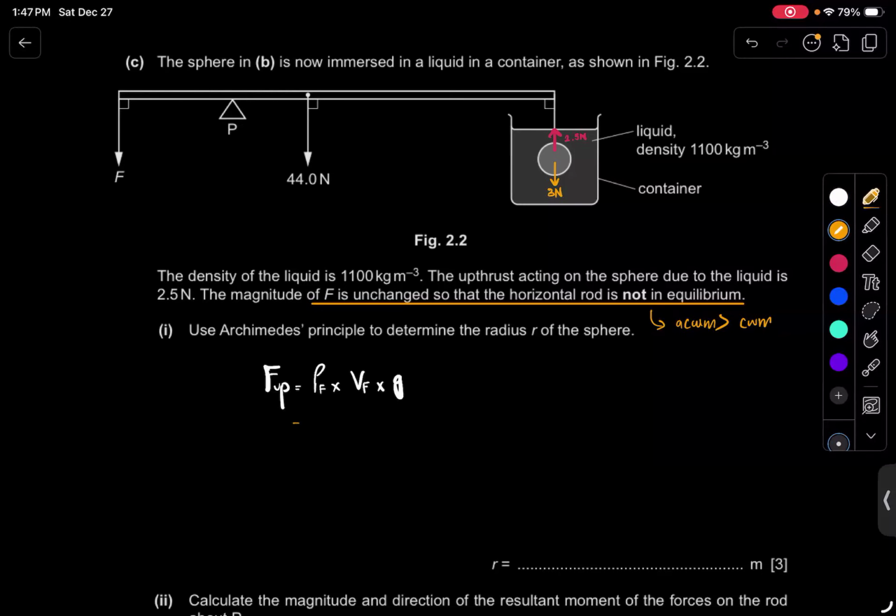So we know the density. We know that it is 1100. No, that's the liquid. 1100 into V into 9.81. What is the upthrust? We already know that. It's 2.5. Okay, then this is easy. So 2.5 divided by 1100 into 9.81. That's it.